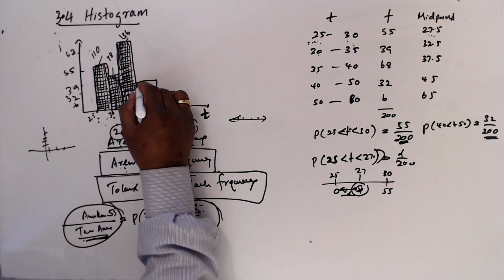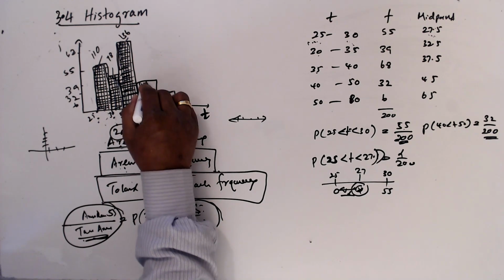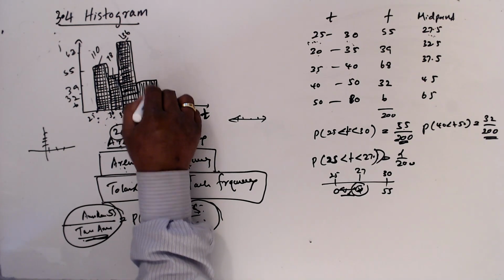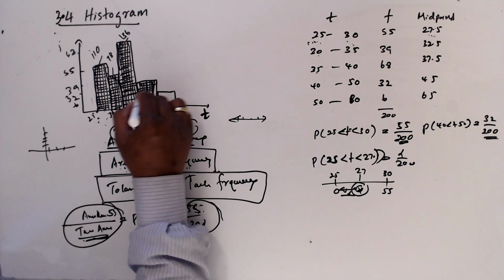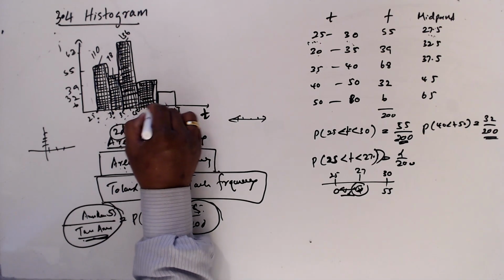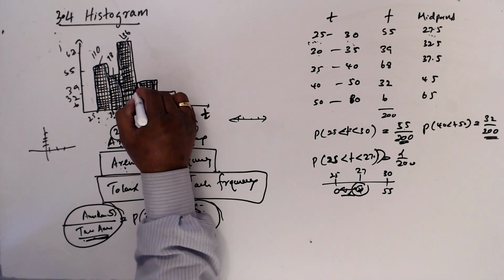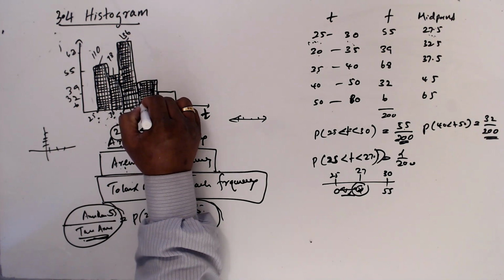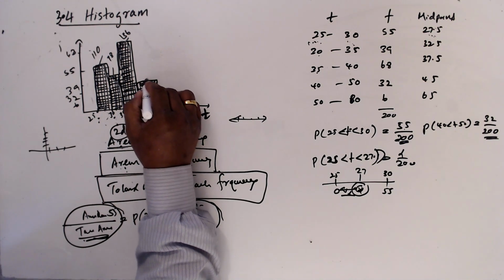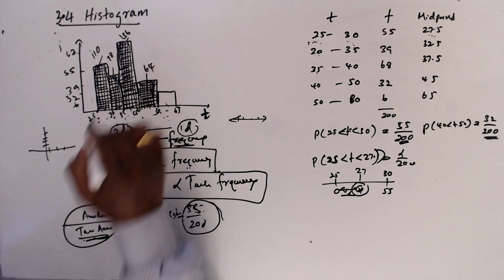Then I do the same thing here, and I start counting. There are 64 boxes here.